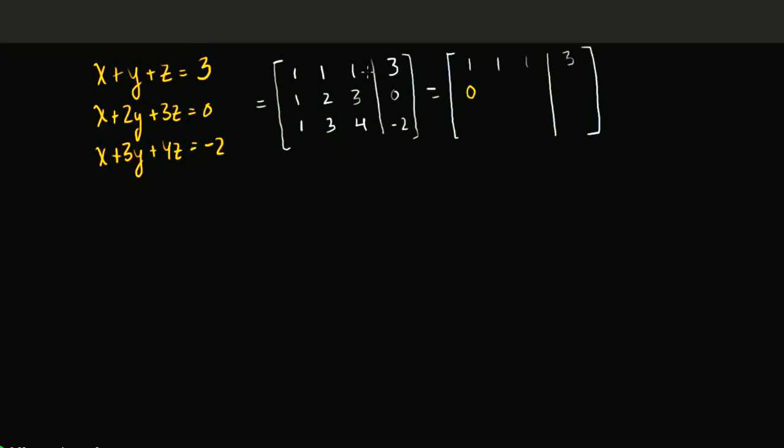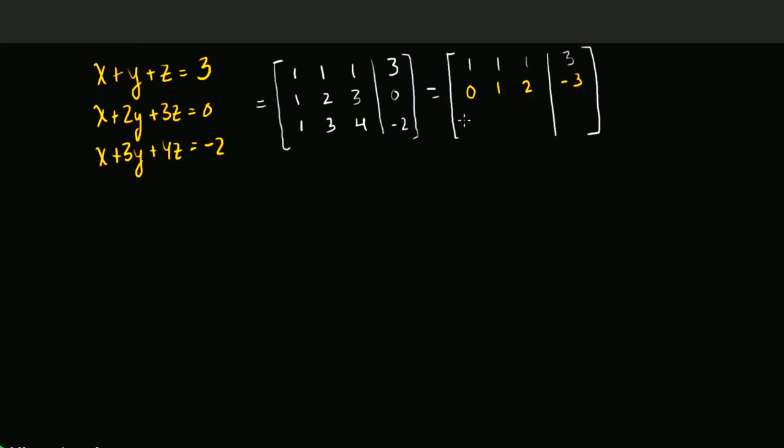So 1 minus 1 is 0. 2 minus 1 is 1. 3 minus 1 is 2. And then 0 minus 3 is minus 3. Now, I want to also zero this out. So let me replace this with this equation minus that equation.